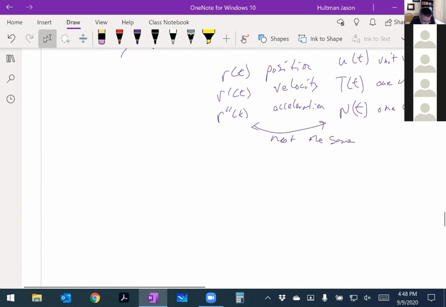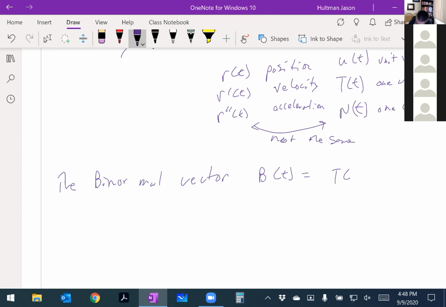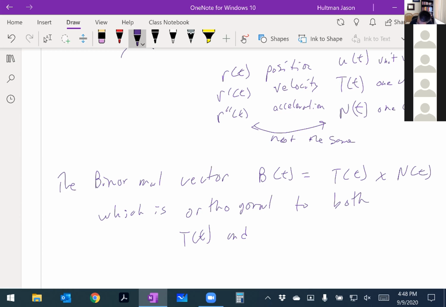The binormal vector, B of t, is equal to T of t crossed with N of t, which is orthogonal to both T of t and N of t.